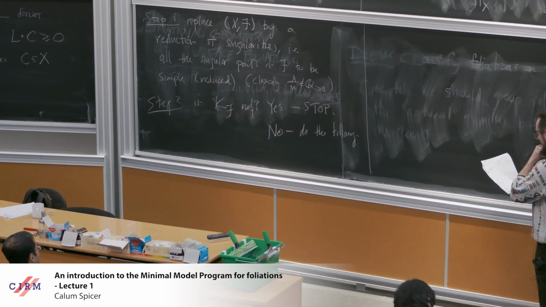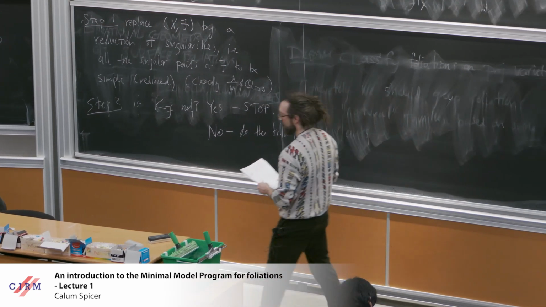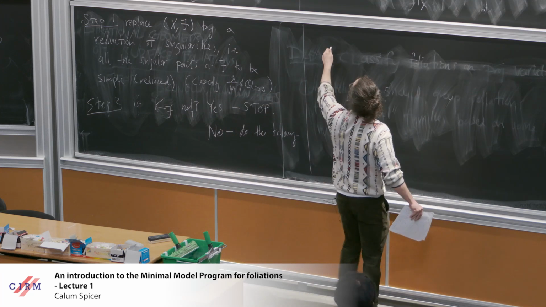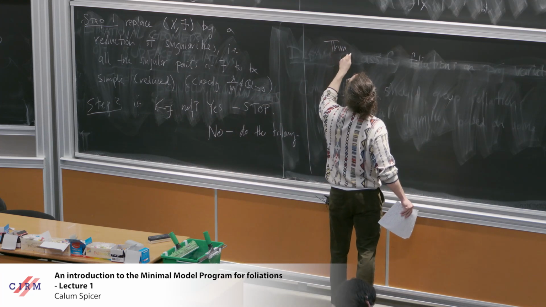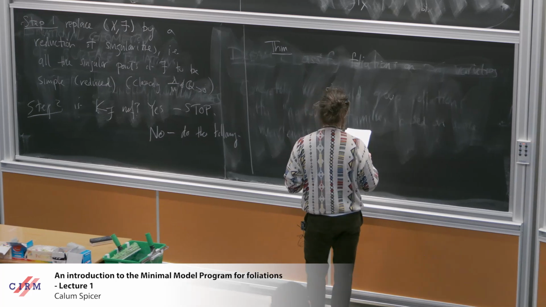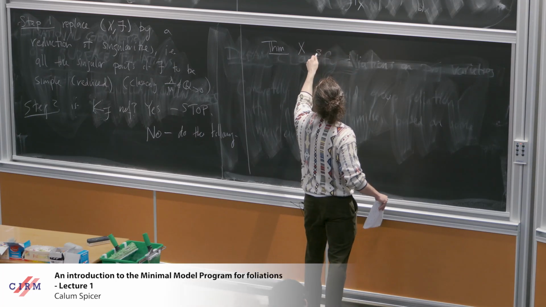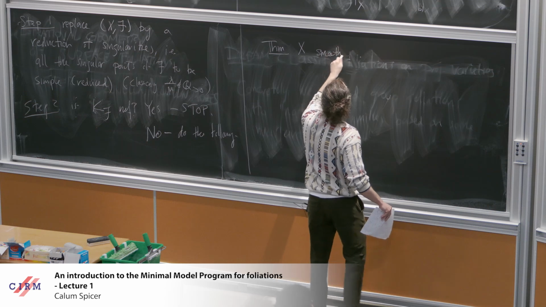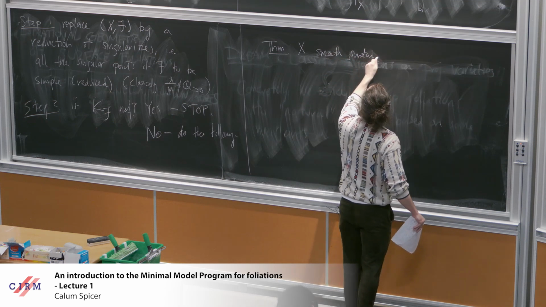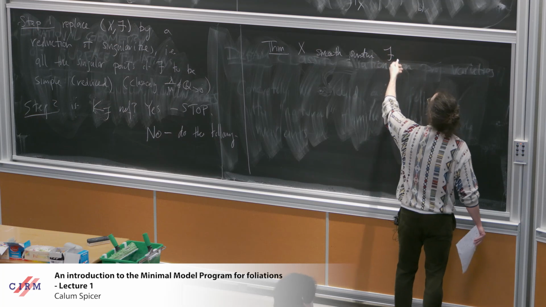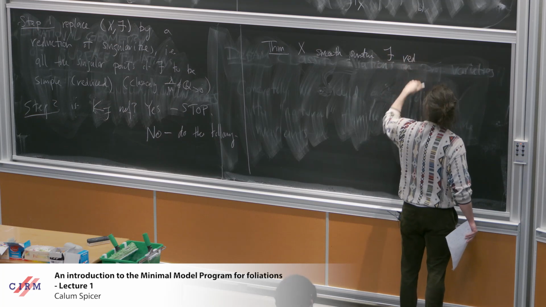So if it's not nef, we use the following theorem. Again, X here is a smooth surface, and F is a rank 1, or one-dimensional, foliation with reduced singularities.